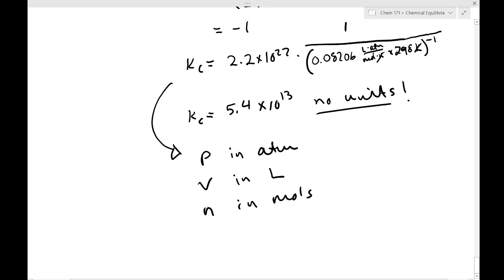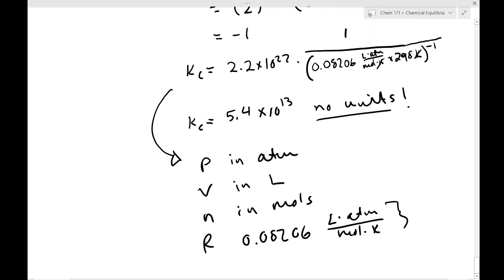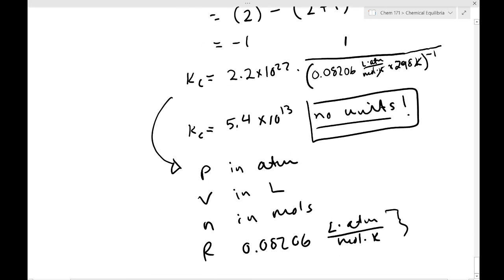And that means that you can only use the R value 0.08206 liter atmospheres per mole Kelvin. You can't use any others because you have to have these units for all of the unit shenanigans, which I'll get to later, to work out. So you have to use these units to make it work.